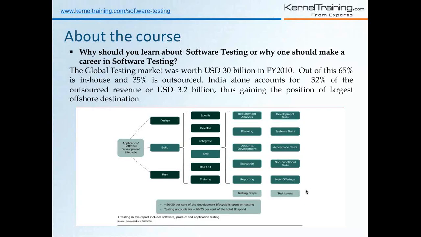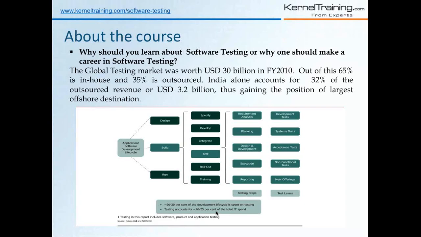This is a slide from NASSCOM. Now 20 to 30% of the development life cycle is spent on testing, and testing accounts for 20 to 25% of the total IT spend. So it's a lot.